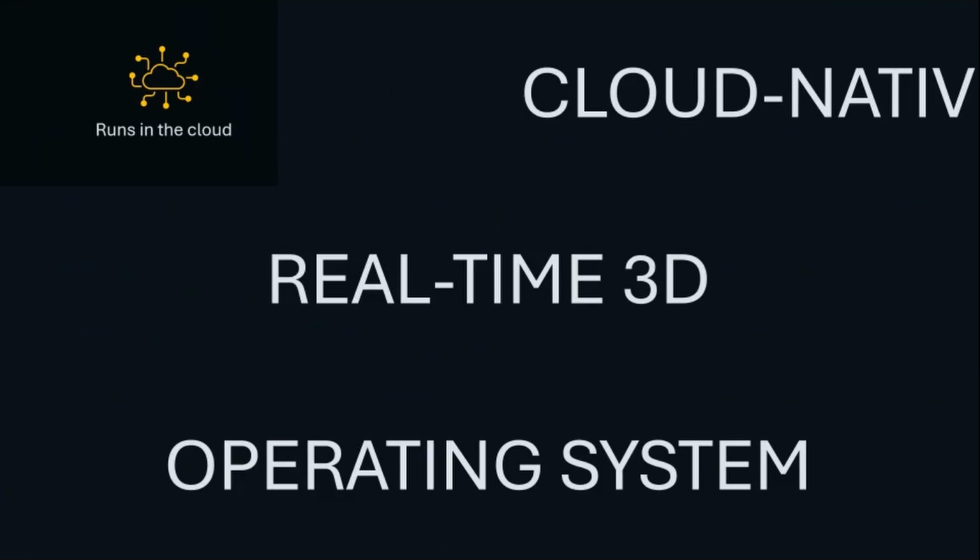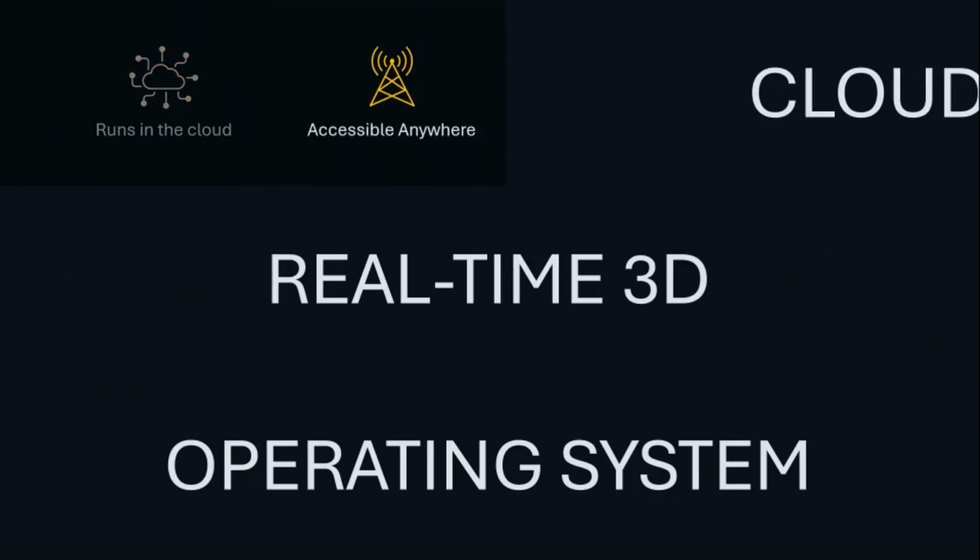That means that at least mostly all the processing happens on remote servers, and nothing happens on the user's device. The data is on the server, the processing is on the server, and even the rendering is on the server. Nothing happens on the client's device, which means it's accessible from anywhere. You only need a browser and an internet connection.